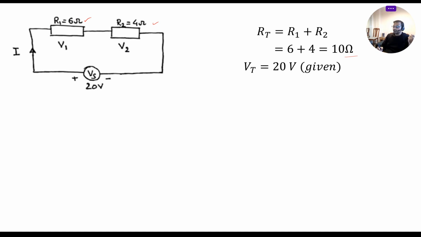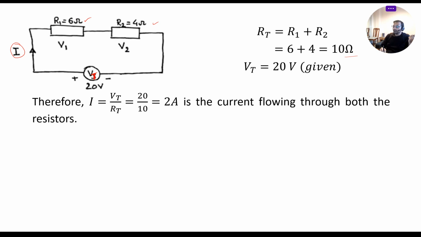Now we are given the supply voltage. I'm calling it VT here, but it's mentioned as VS, so let's change it. That's my supply voltage, and it is given as 20 volts. Using Ohm's law, we can now calculate the value of current. Current will be the supply voltage divided by the total resistance, that is 20 divided by 10, which gives us 2 amperes.